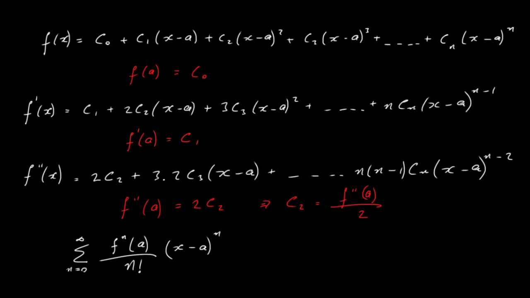Now, just one thing you should take note of, and that is that not all functions can be approximated using the Maclaurin series. For example, the log of x can't be approximated because you can't find the log of 0. It's undefinable. So let's have a look at a function that we can find an approximation for, and that's going to be the function e to the power of x.